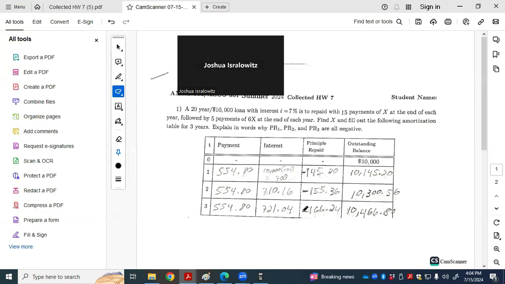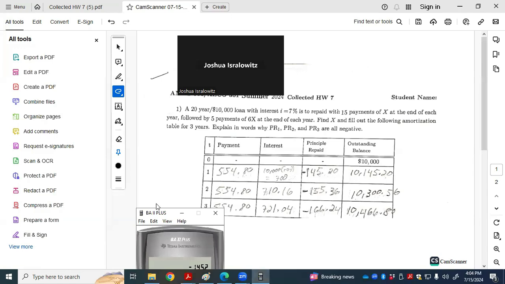And these are all minuses. So minus 145.20.